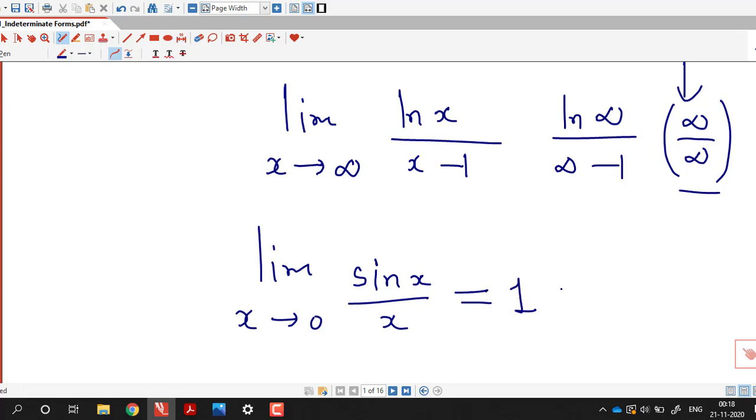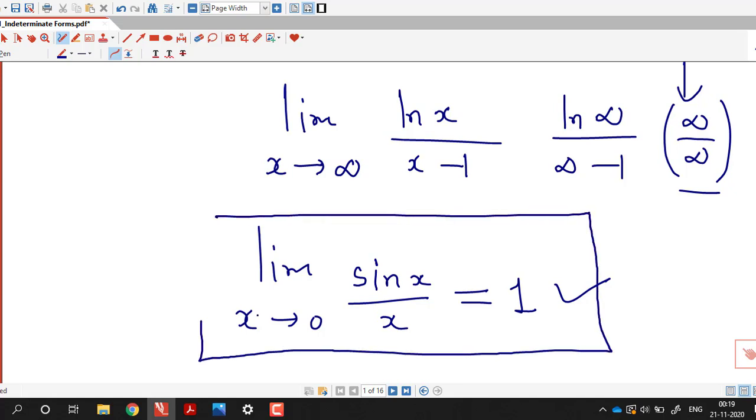We proved this at school level, but the proof is not easy. We have to use some geometry and so on, but here we will easily prove that this limit is 1. But this is also an indeterminate form of type 0 by 0, because after taking x equal to 0 I obtain 0 by 0.